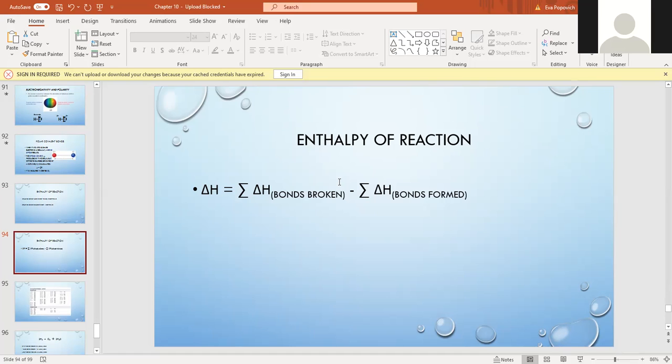Well, in here, when we're breaking bonds, we have to put energy in. So that is an endothermic process, so it's going to remain positive. When we form the bonds, that's exothermic. We have to make it negative.